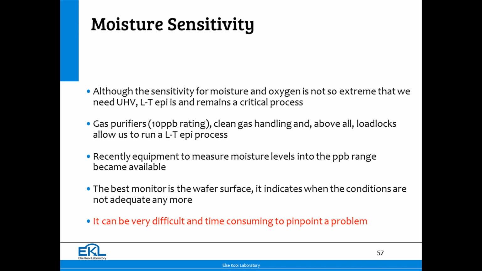That is because, what is wrong with the UHV? Well, nothing is wrong. It's probably very true that you need UHV conditions to keep the surface from oxidizing, but the experiments in those days, where the literature came from, were done in vacuum. And we are working with a rather high partial pressure of hydrogen.